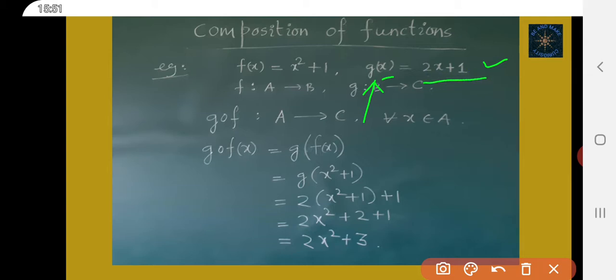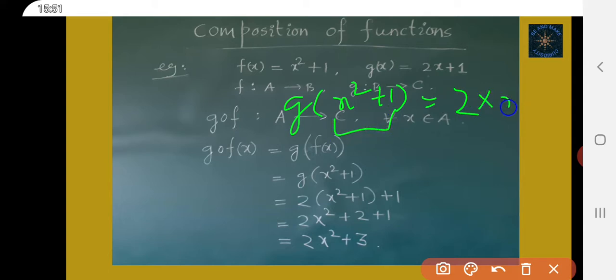If you put the value x square plus 1, then you have 2 into x square plus 1, plus 1.